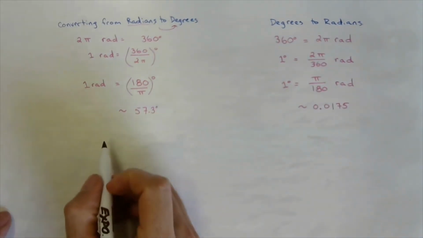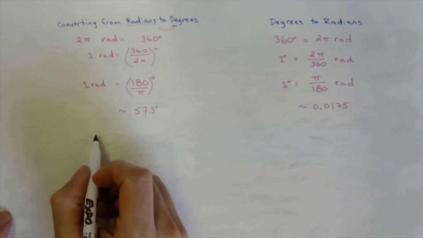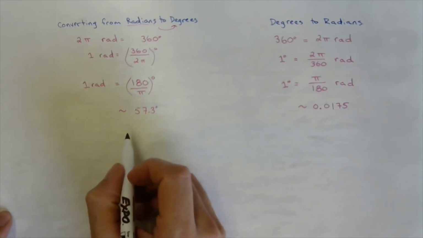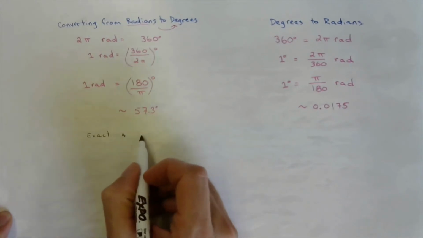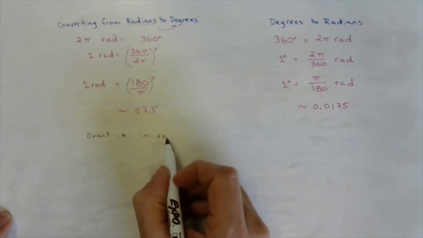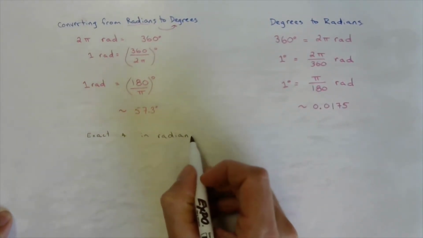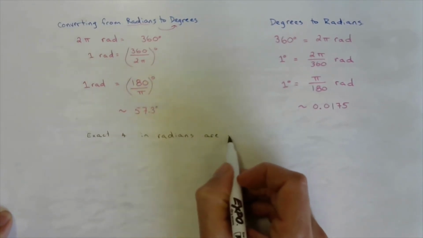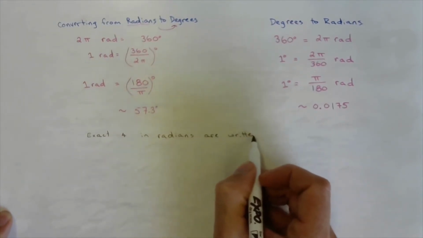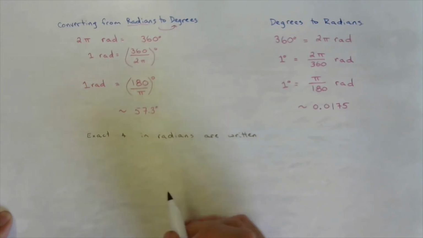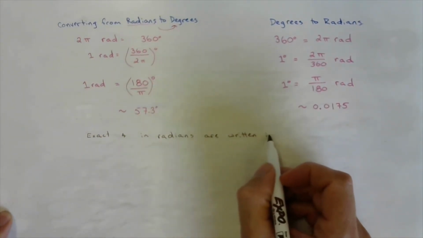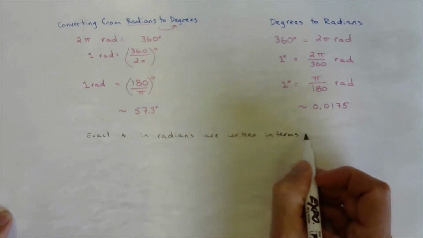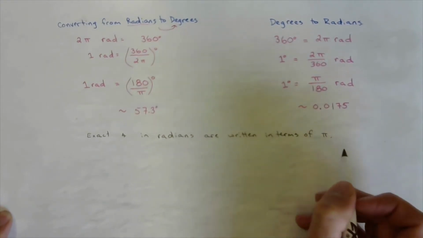At the bottom of your book page there, you have a note that says exact angles in radians are usually written in terms of pi, unless it is a whole number, but the special angles are not. They're all in terms of pi. Exact angles in radians are written in terms of pi.